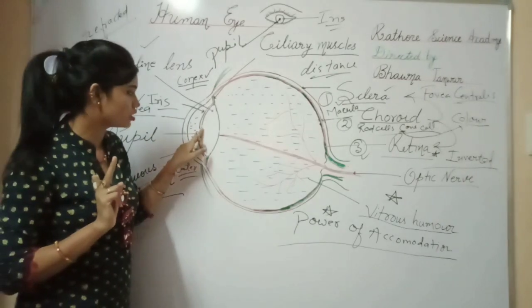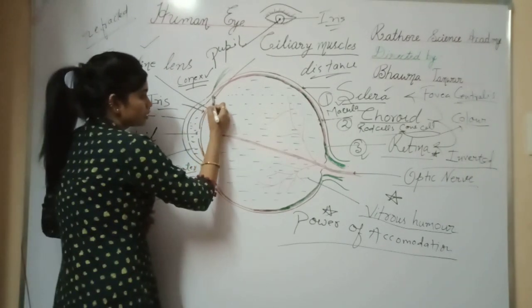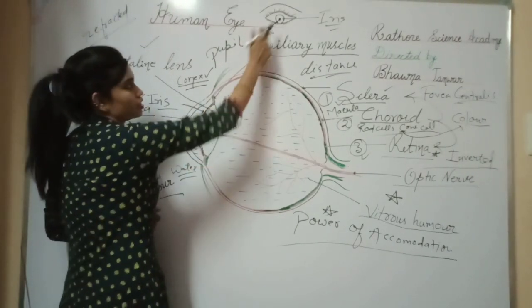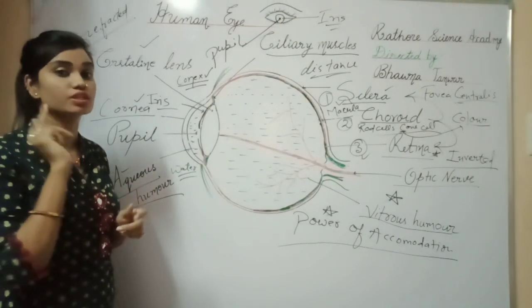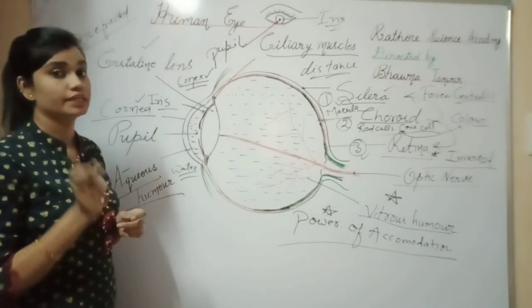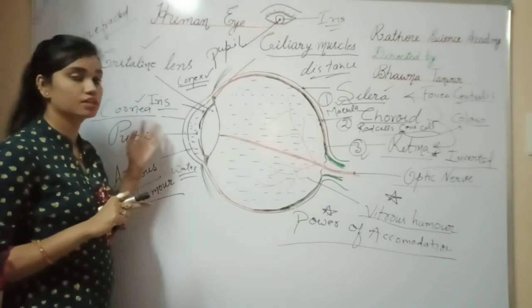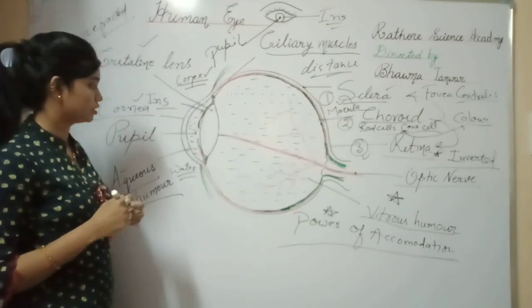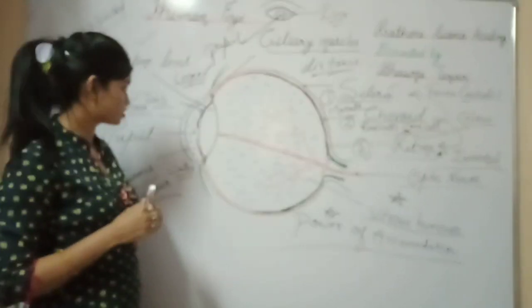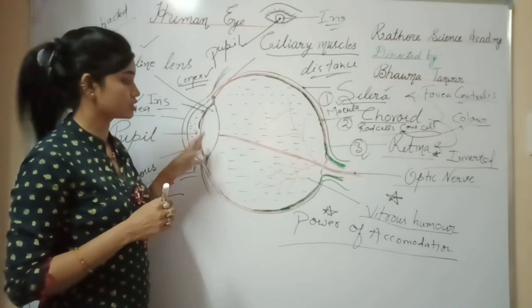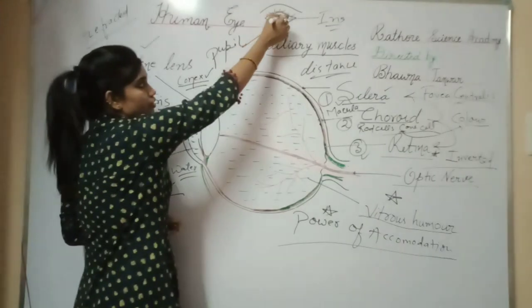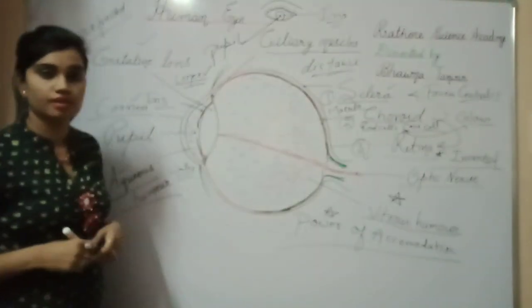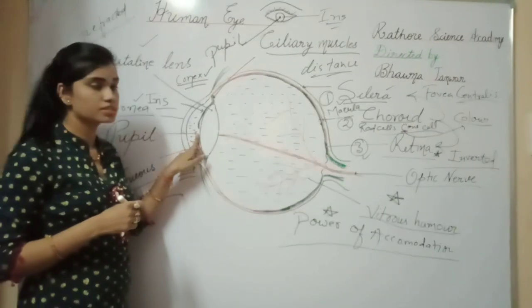Just behind the cornea, this part is present, which is known as iris. Iris is responsible for the color of the eye. It has some pigment which provides the color to the eye, right? And the second function of iris is to regulate the size of the pupil. Pupil is a hollow structure present inside the iris.